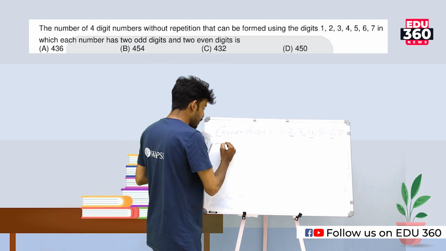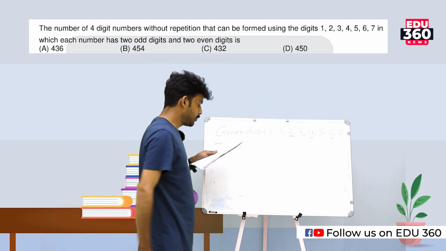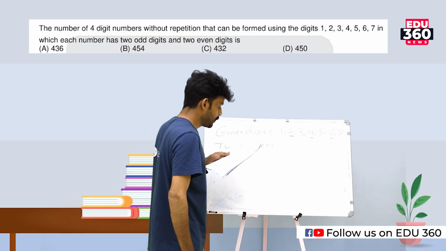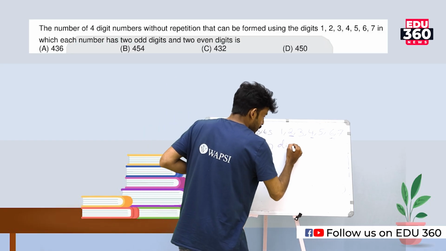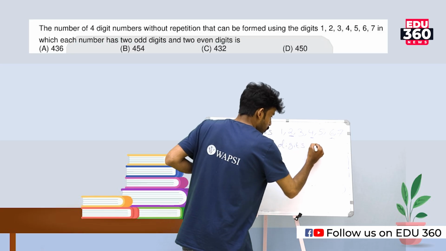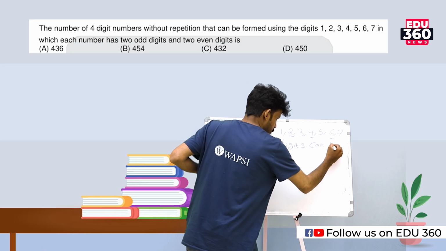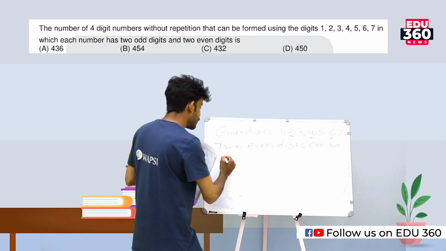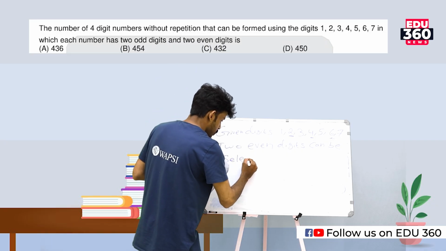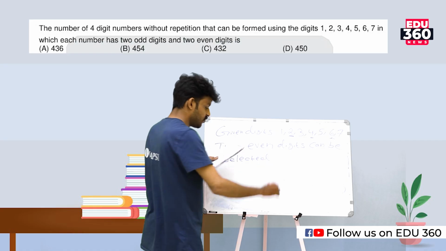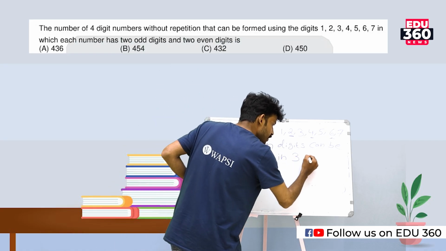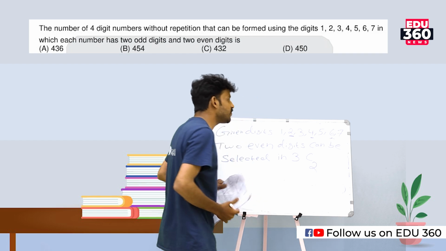In the next step, we can write that 2 even digits can be selected in 3C2 ways.